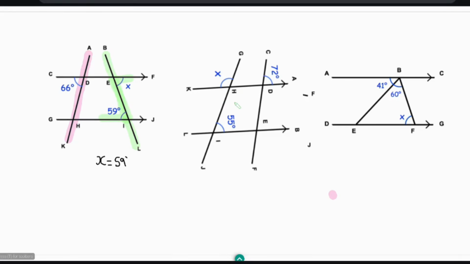Okay, we have a few different things going on. I would like to use a Z angle, an alternate angle, and say that this is 55. And then angles on a straight line add up to 180. So x is equal to 180 minus 55, which is 125.